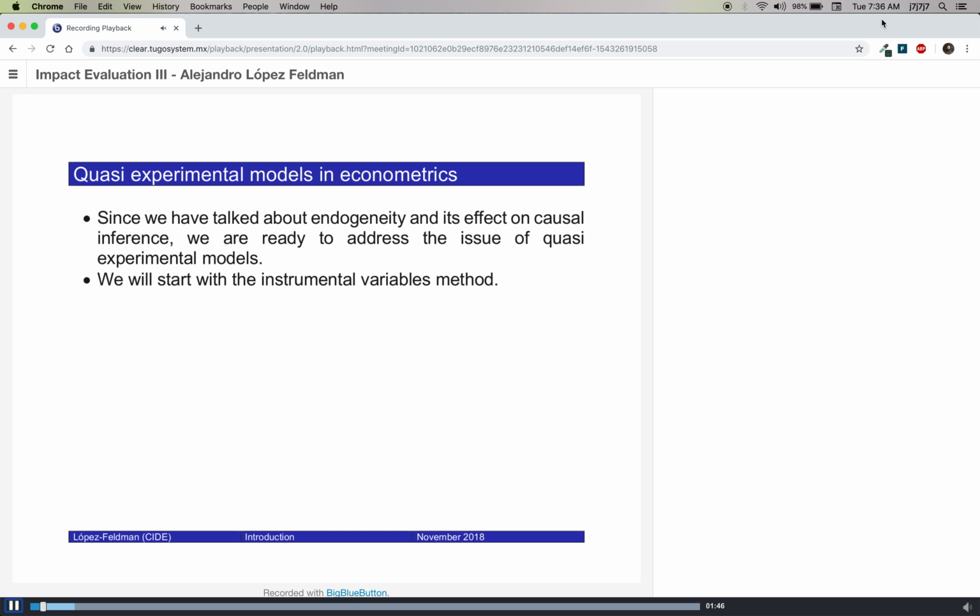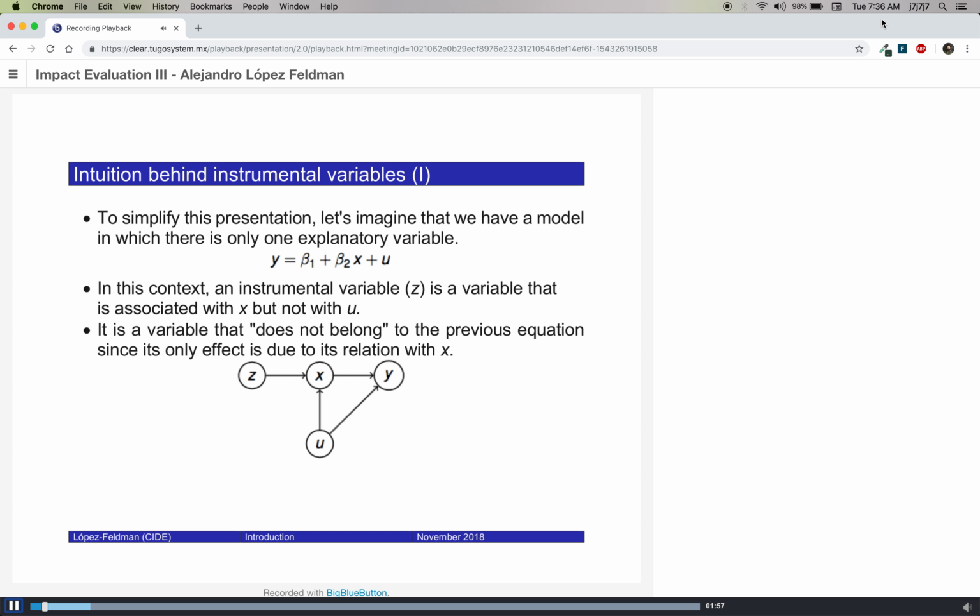So, in that sense, we are going to start with this first presentation or introduction to instrumental variables. So, let's suppose that we have a model like the one we were analyzing in the previous session. And what we have here is just one explanatory variable.